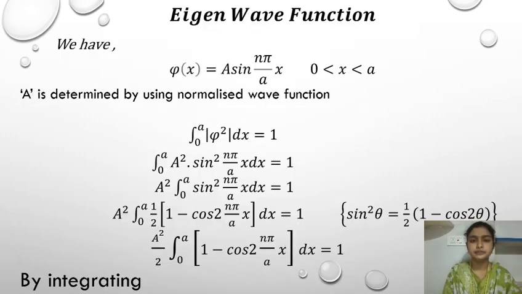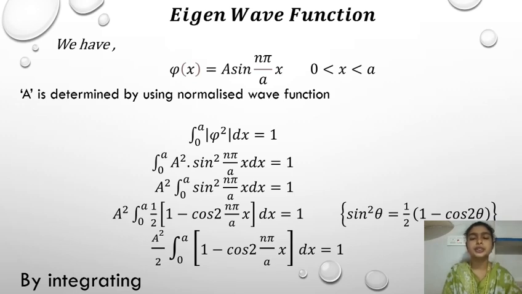Eigen wave function. We have psi of x equals A sin n pi by a into x, for 0 less than x less than a. A is determined by using the normalized wave function. Integration from 0 to a of modulus psi square dx equals 1.